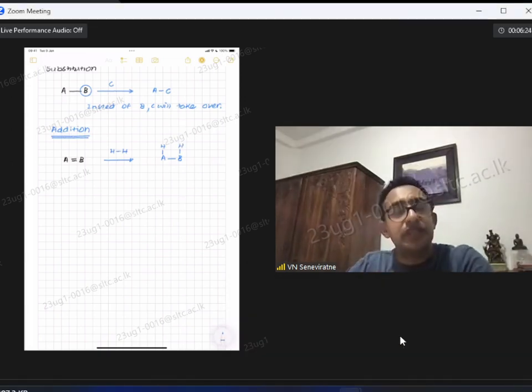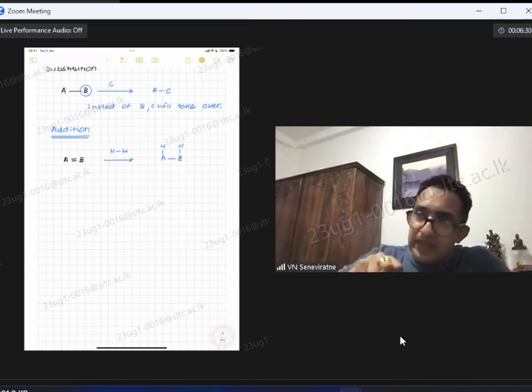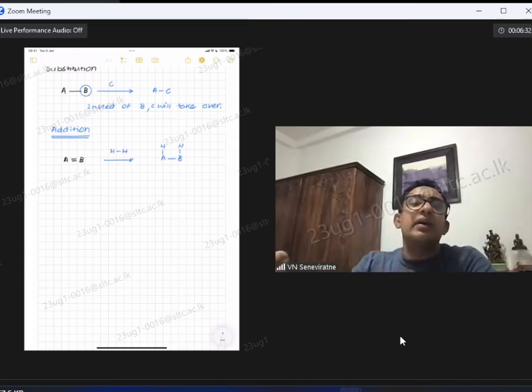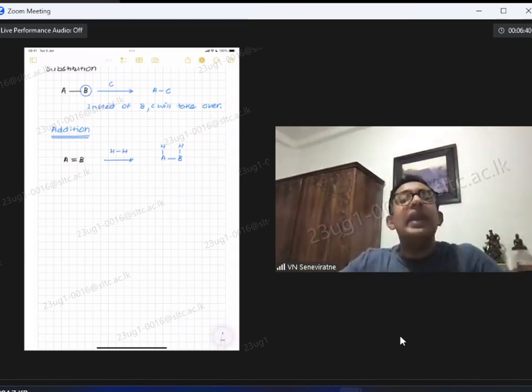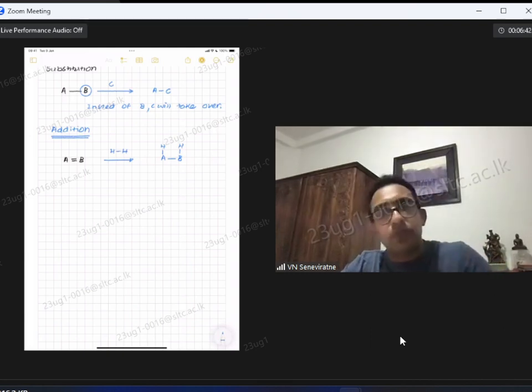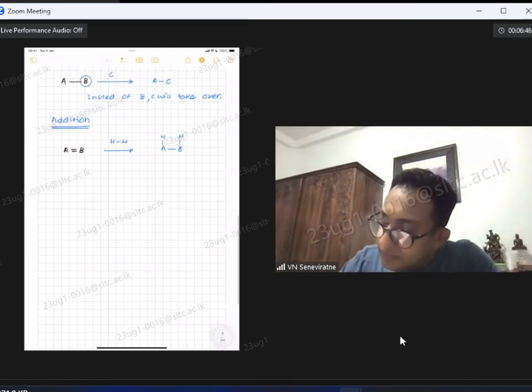That is called addition. So you have two things now: substitution and addition. Substitution is where one material is removed and another material is put in its place. Addition means all the old atoms are there, but new atoms are being added. Substitution, addition. Then the next one is elimination.